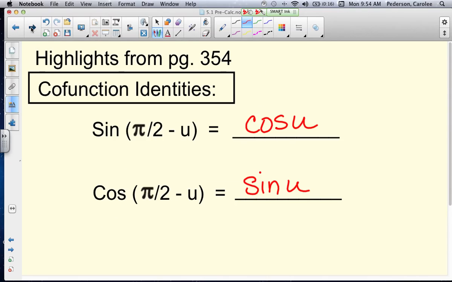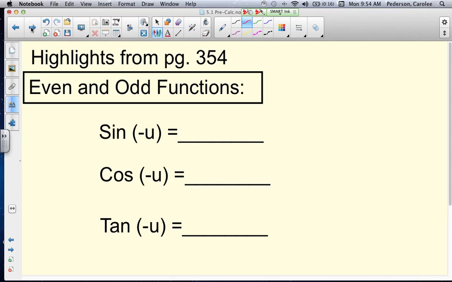All right, and then the last set of identities are called the even and the odd functions. Left the right side blank for you. Sine of negative u equals negative sine of u.